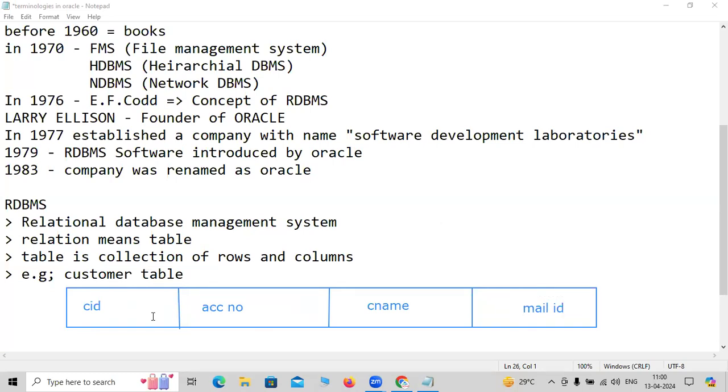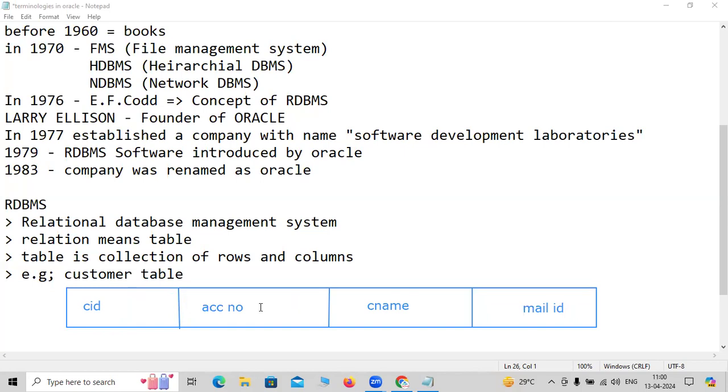So we are having various columns, and each column is having a unique name. So a table is a collection of rows and columns.